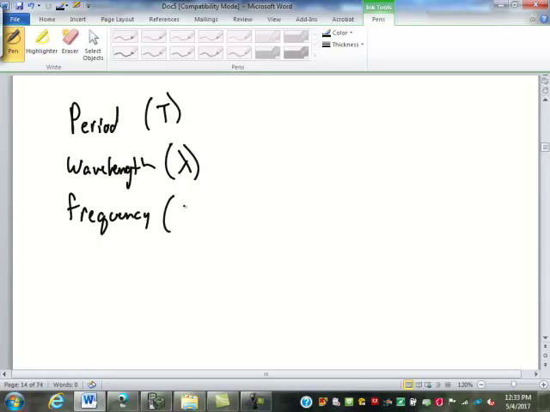And frequency was just a little f. And there's a big relationship. The relationship between frequency and period is the frequency is the reciprocal of the period, or the period is the reciprocal of the frequency. Either way.